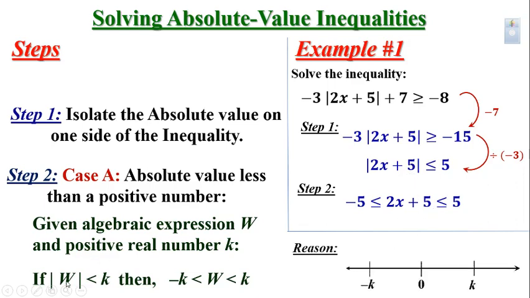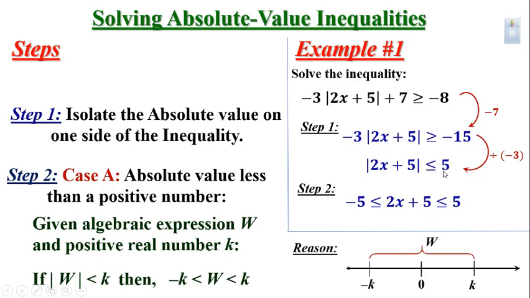Let's say my algebraic expression w is less than k, k being a positive number. What I do is I put my two k's, one is -k and one is +k. That means w must be somewhere in between those two numbers. So if my w is 2x plus 5, and my k is 5, then that means 2x plus 5 is closer to 0 than whatever is 5 units away from 0.